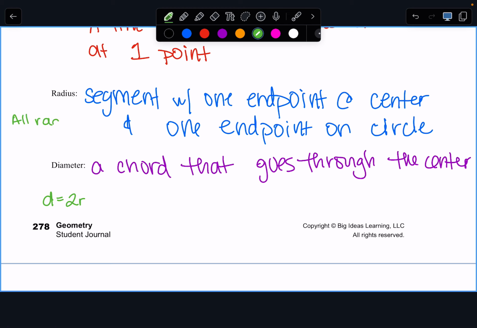All radius is one, singular; radii, plural. All radii are congruent in that one circle. Could you have an unlimited amount of radii in one circle? Yeah.